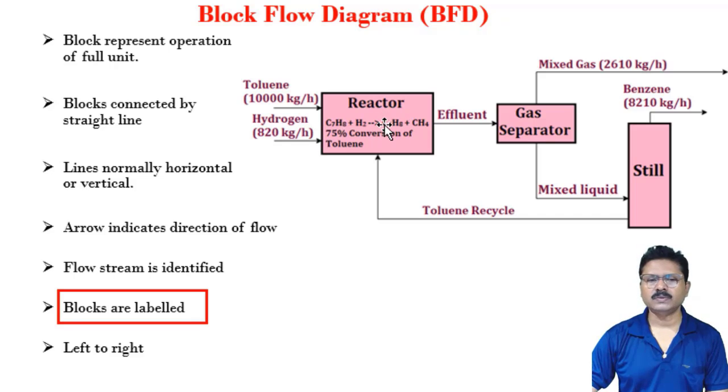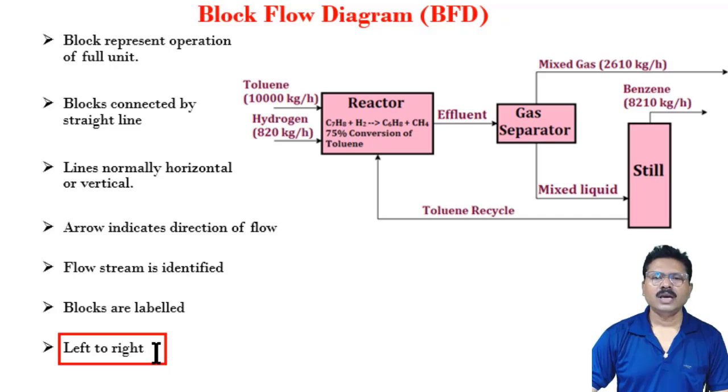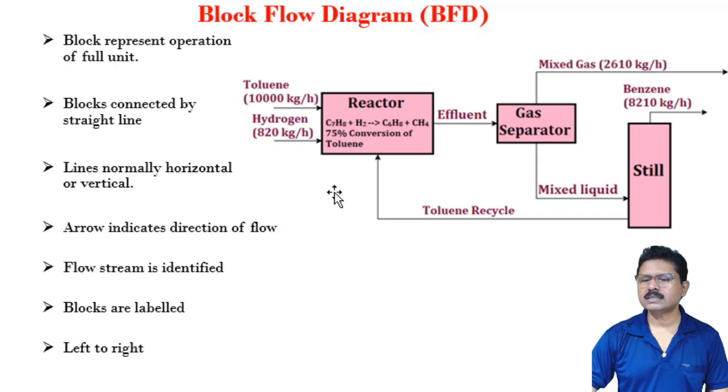This block is labeled reactor, this is gas separator, this is distillation column. Where possible, the diagram should be arranged so that the process material flows from left to right with the upstream unit on the left and the downstream unit on the right. So this is the block flow diagram. The block flow diagram always indicates the whole process or part of the process by using different blocks.